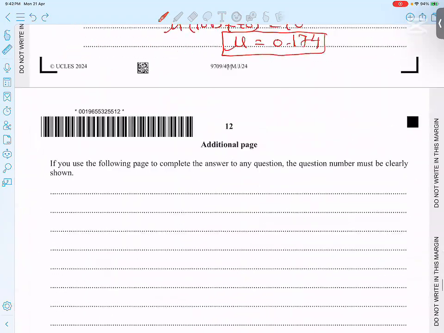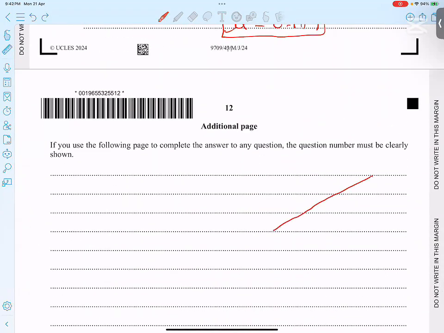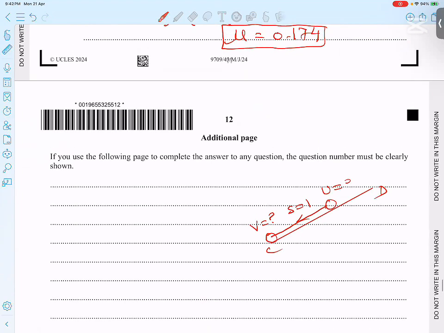So let's try to do that part. So this is the situation. This is C to D, but the particle is traveling from here to here, and this velocity I want to find. This u is 0, s is 1. Again, we are finding difficulty with acceleration.